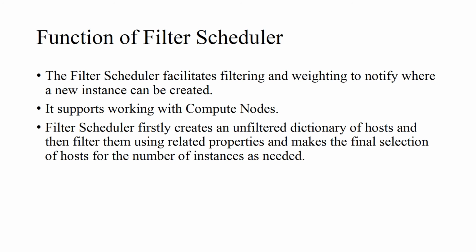How does this work? The filter scheduler firstly creates an unfiltered dictionary of the hosts. And once the dictionary is created, the filter scheduler filters them using related properties and makes the final selection of hosts for the number of instances as needed.